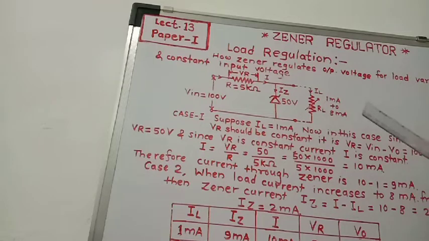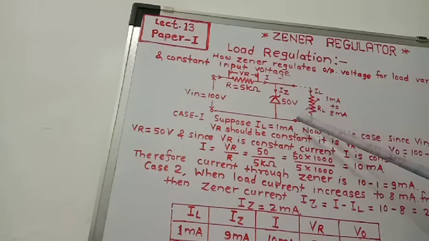Now suppose the load current is fixed by varying the variable resistance. Initially the current is adjusted to 1 milliampere, that is, IL is equal to 1 milliampere.